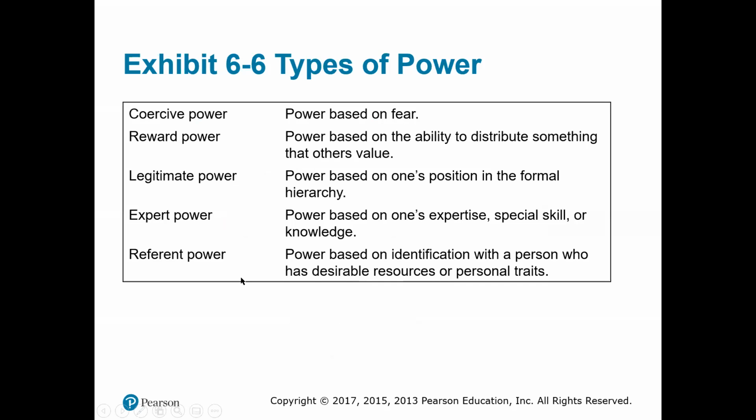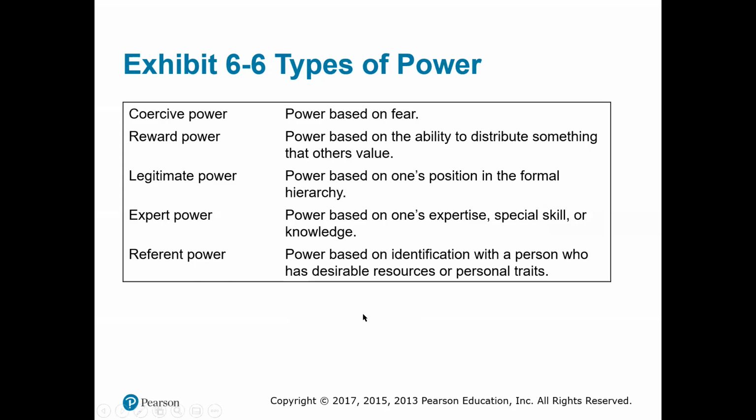Referent power. I can identify myself with some powerful person in the company. I know the CEO of the company. The CEO is a friend of mine, and suddenly I become powerful. If you all know that I have a connection to the CEO of the company, I think you will start behaving really nicely to me because you know I'm connected to the CEO. I'm just giving you an example.